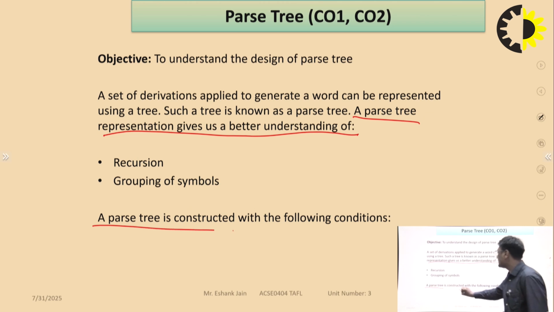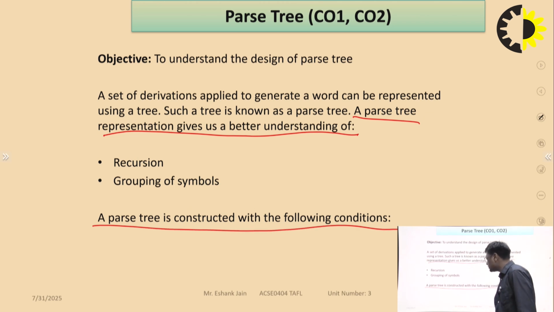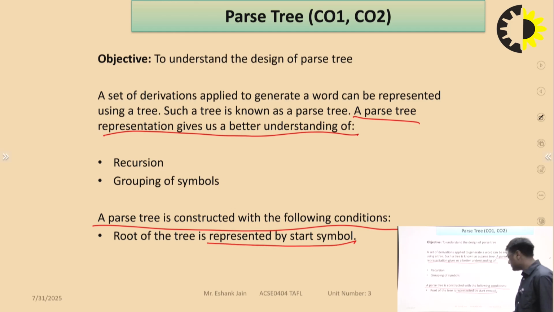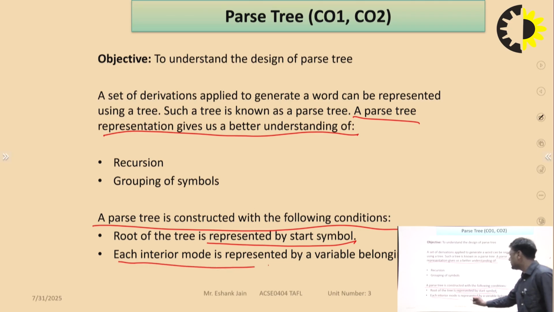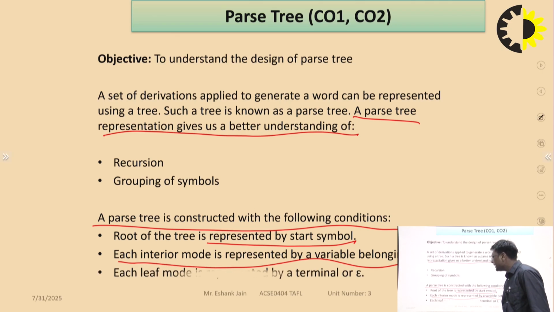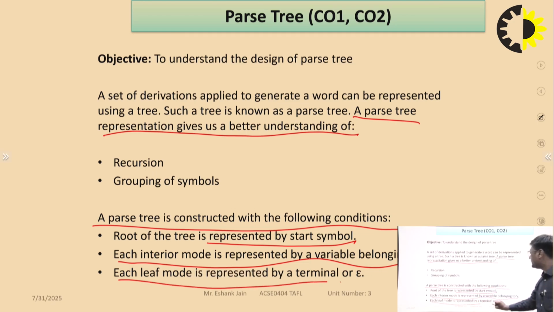A parse tree can be constructed with the following conditions. The root of the tree is represented by the start symbol. Each interior node is represented by a variable belonging to V, and each leaf node is represented by a terminal.